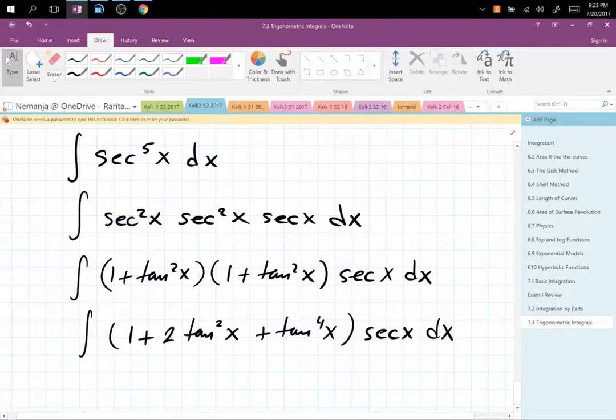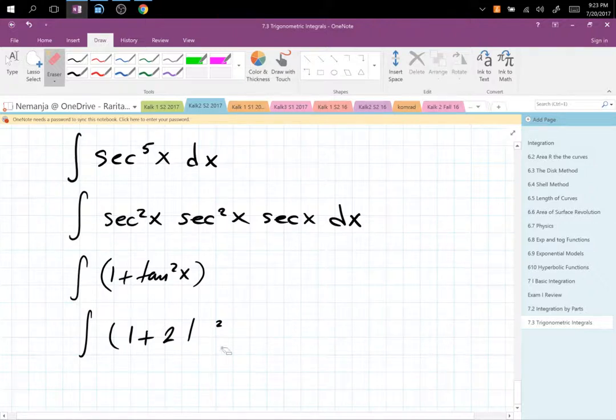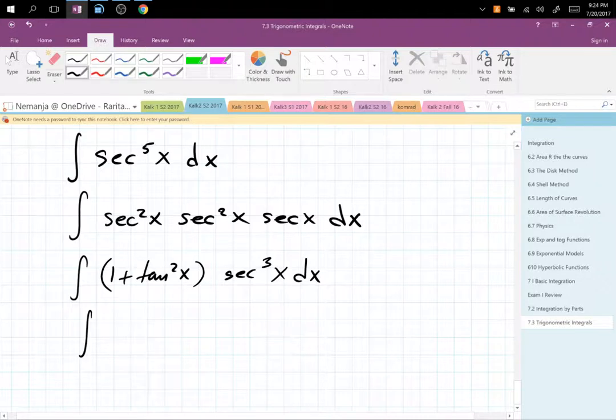If you do secant cubed, it looks like you can use one secant and then eliminate secant x tangent x. So leave it as a secant cubed. Like this. Oh, this gives us the secant cubed. But it doesn't help us, right?